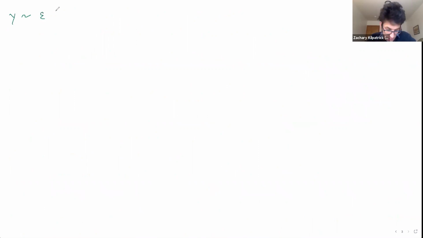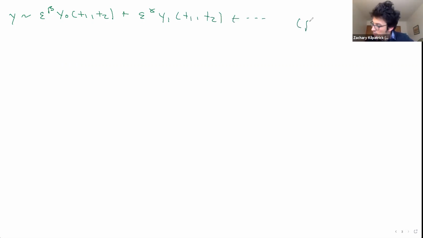As we expand it now, we're going to give it arbitrary scalings for the leading order terms: epsilon to the beta, epsilon to the gamma, y1, t1, t2, and so on. So we'll take beta is less than gamma, okay?